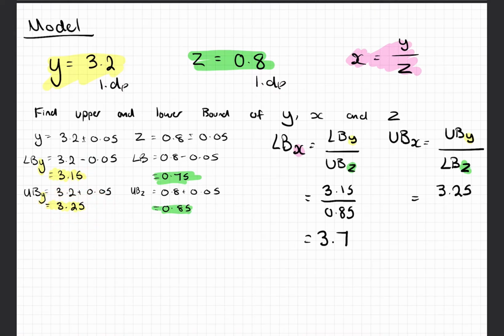And we're going to divide it by the smallest possible value of z, which is here, our lower bound, 0.75. That's going to equal 3.25 divided by 0.75, and there we are, 4.3 recurring. So those are our two answers here.